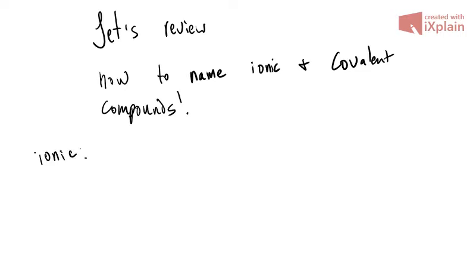Ionic compounds, again, are between a positive and a negative. I don't know why I wrote it out instead of doing the symbol. A positive and a negatively charged elements.